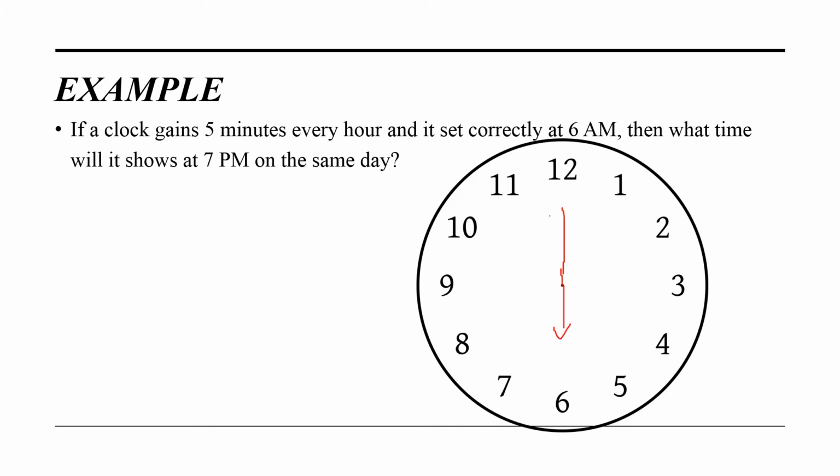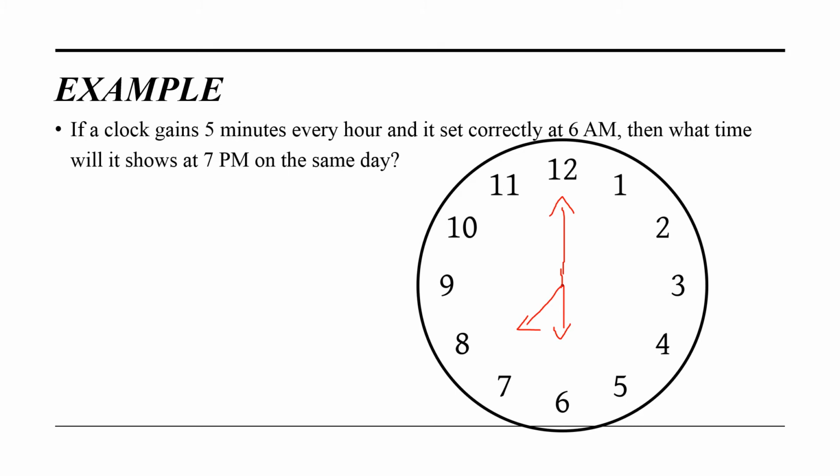The clock being set correctly at 6 a.m. means the minute hand points exactly towards 12 and the hour hand points exactly at 6. And if it moves 1 hour, the clock gains 5 minutes. So when the correct clock moves to 7 o'clock, the minute hand points exactly towards 12 and the hour hand exactly towards 7.